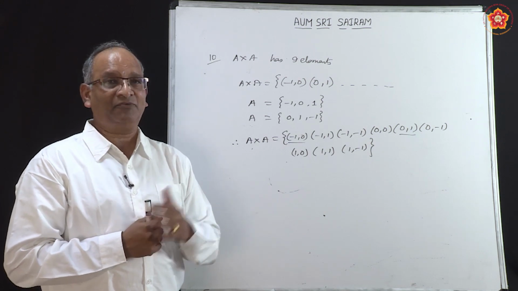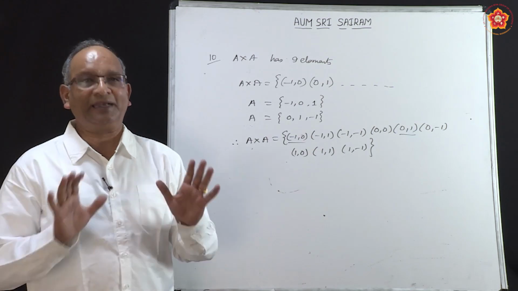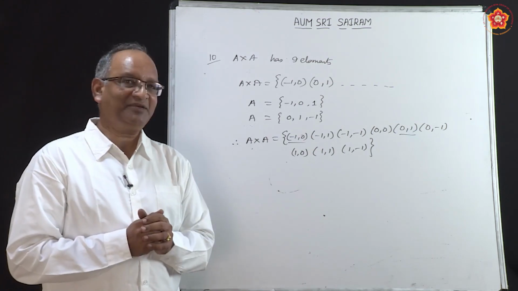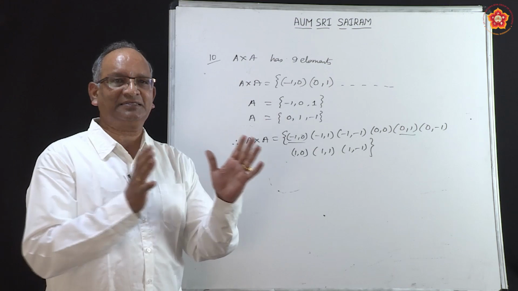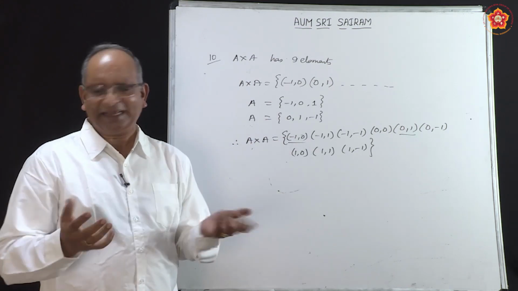But remember, while discussing Cartesian product, we also discussed relation. And what did we say? Relation is a subset of Cartesian product. Take an example.